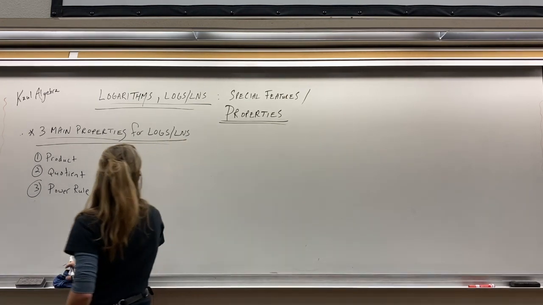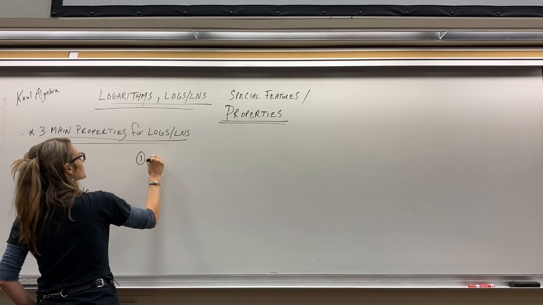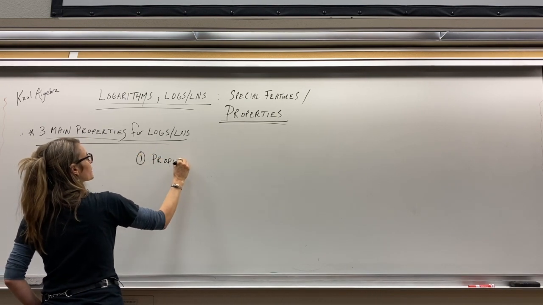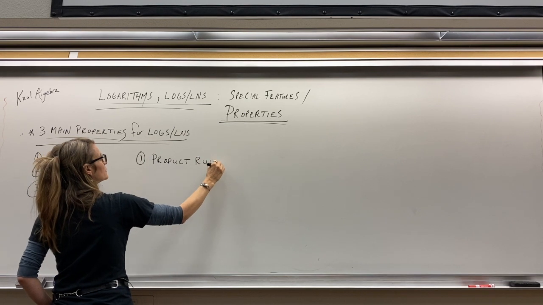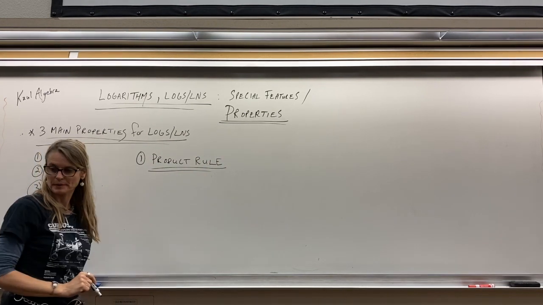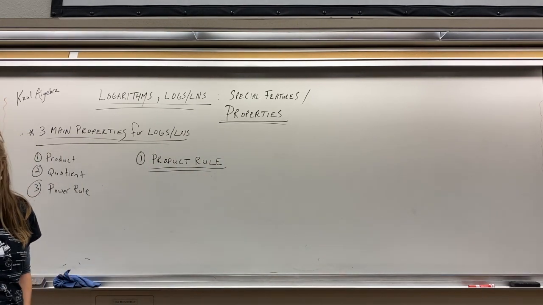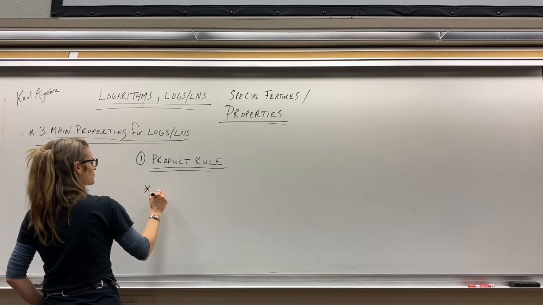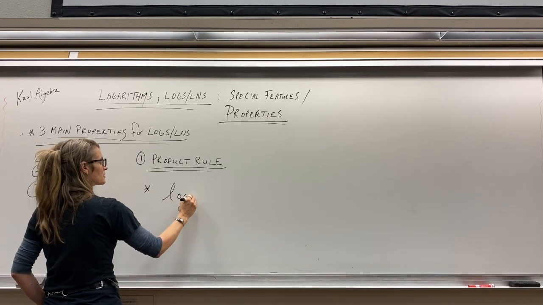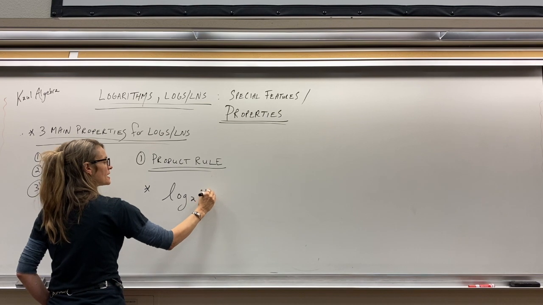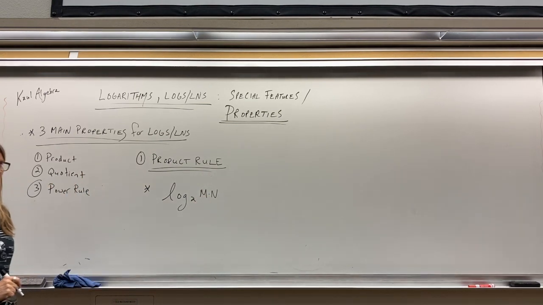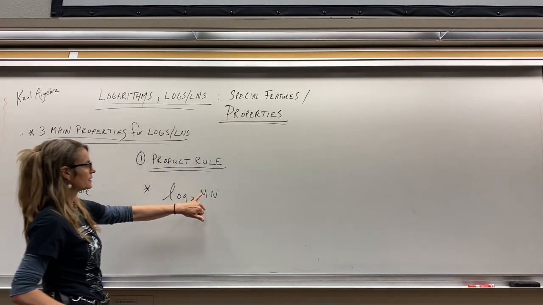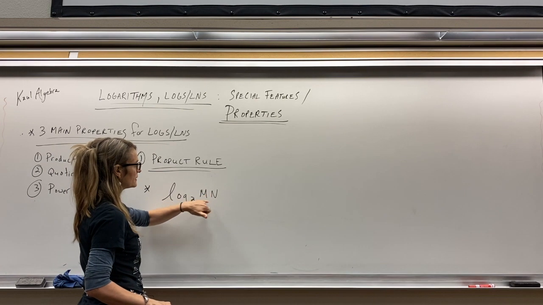Okay, so number one, the product rule for logarithms. The rule is log base A of m times n. Usually the times is not apparent in the notation.